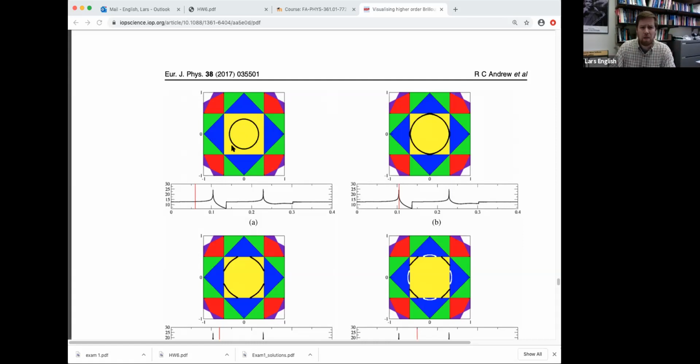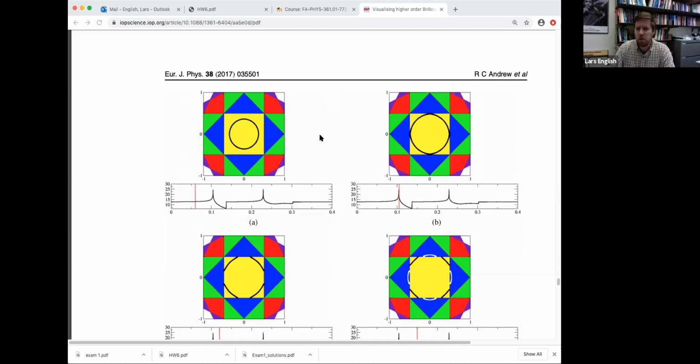So this would be a circle, and since we're far away from any of these boundaries, the circle is approximately going to remain a circle even if we turn on the lattice potential, because we're still far from the boundaries and nothing much changes there.